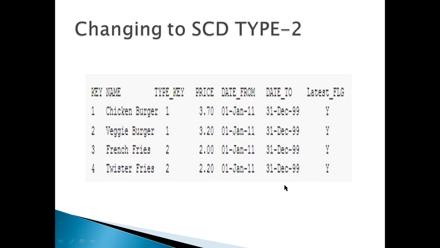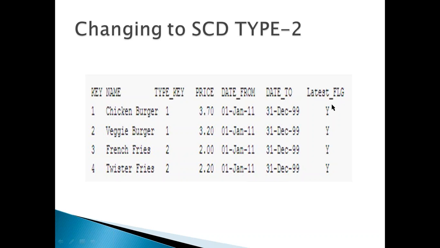It might be 31st December 99. Now we are partitioning your history with the help of dates. Right. So this is how you try to store the changes for your data with the help of your effective dates. Okay. And coming to your latest flag.